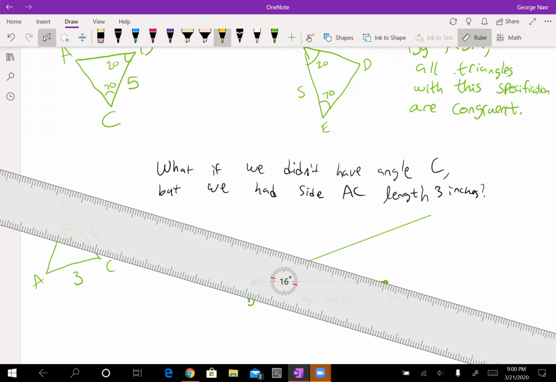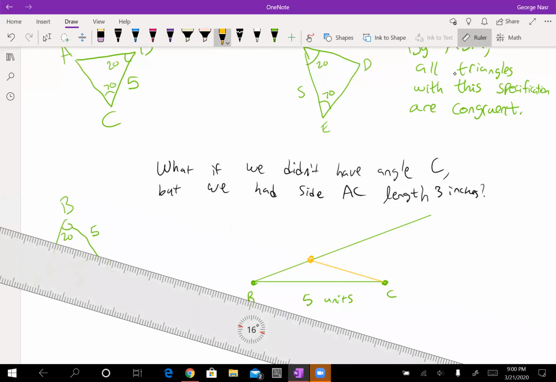So if you look, it starts at this marker and it goes 1, 2, come on, 2, there we go, and 3. So this has length 3 units. And so that could be a possible A value.